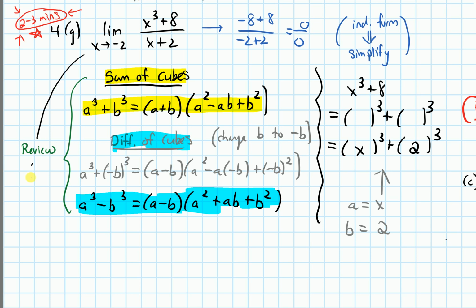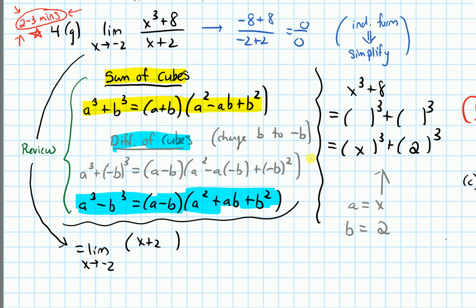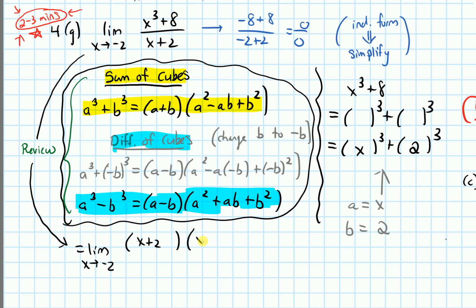So let's continue our limit. We get the limit as x approaches -2. Doing sum of cubes, we're going to get a plus b first. So that's x plus 2 once we plug in our values. Let me put a bubble around this, review bubble. x plus 2, then we get a squared, which is x squared, minus a times b, which is 2x, plus b squared.